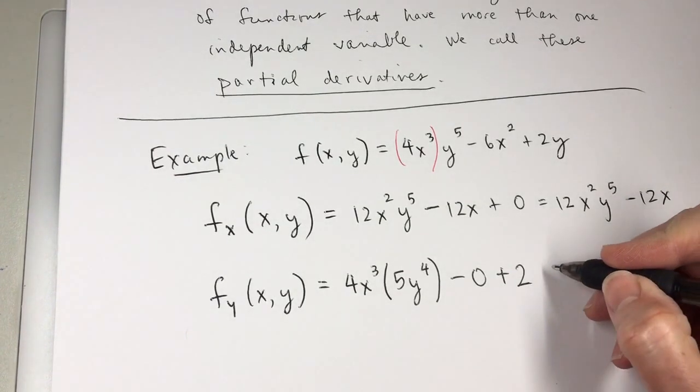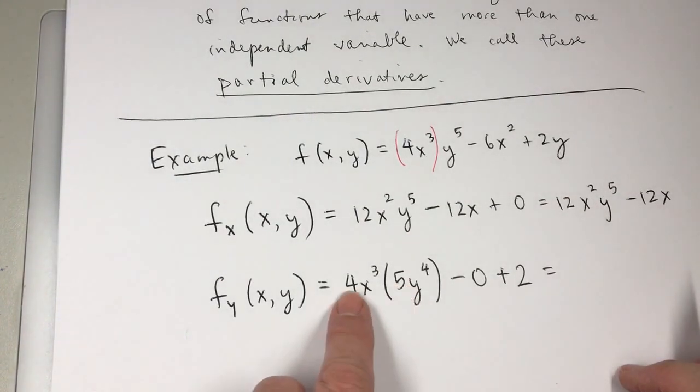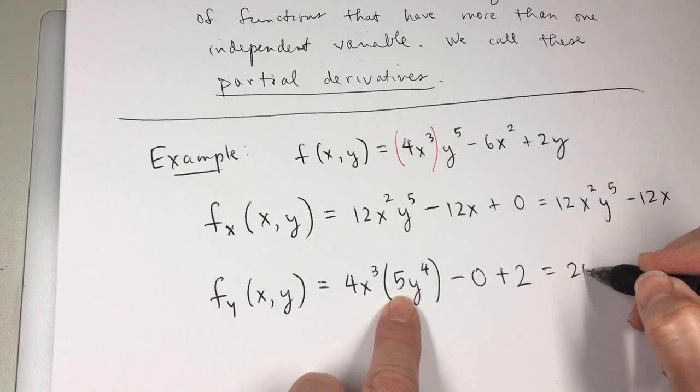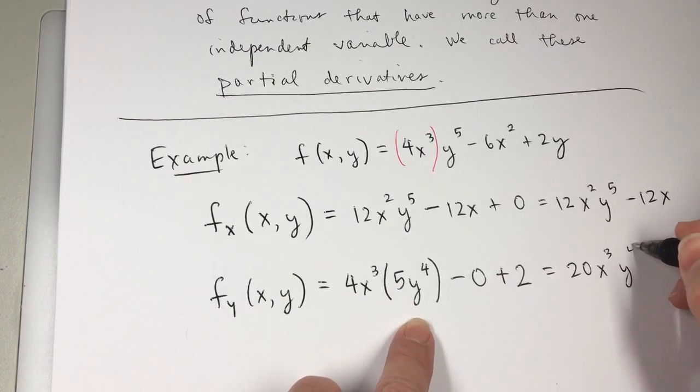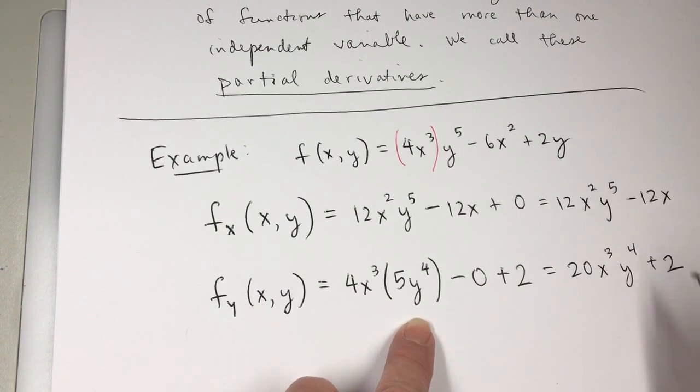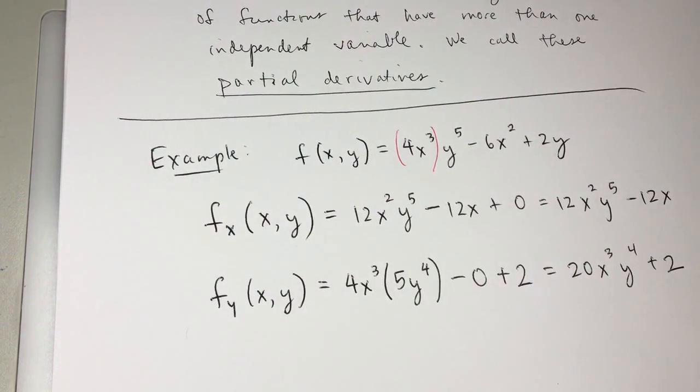And the second one, we can multiply 4 times 5 and get 20. 20x cubed y to the 4th plus 2. There's the two first partial derivatives on this problem.